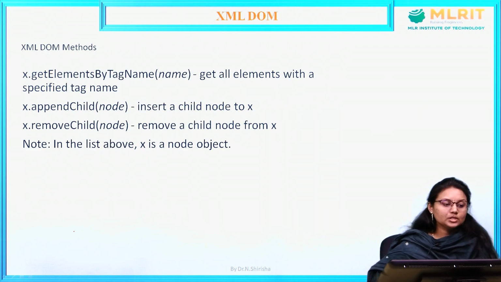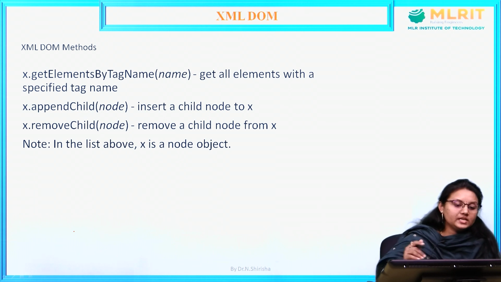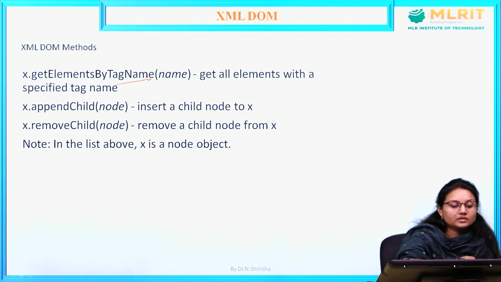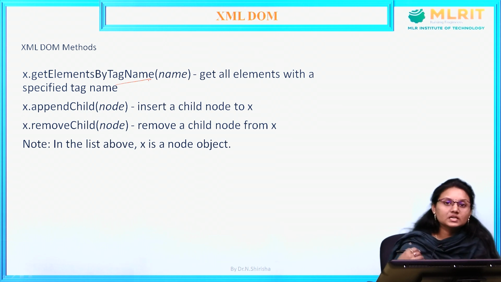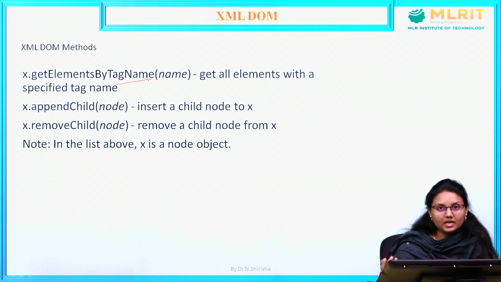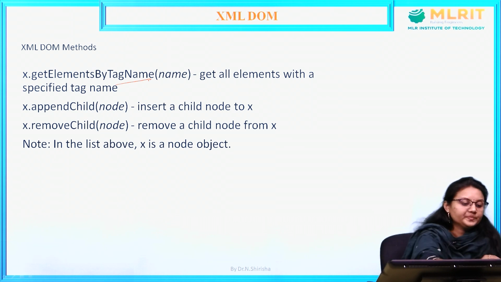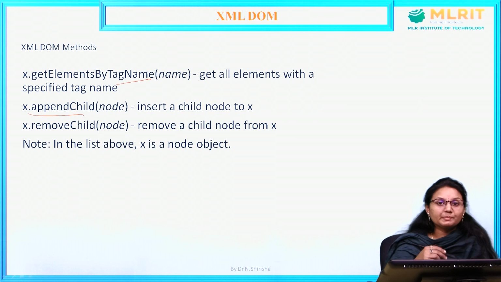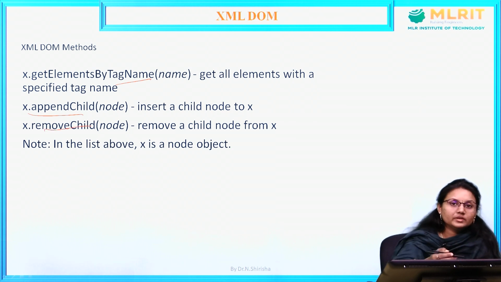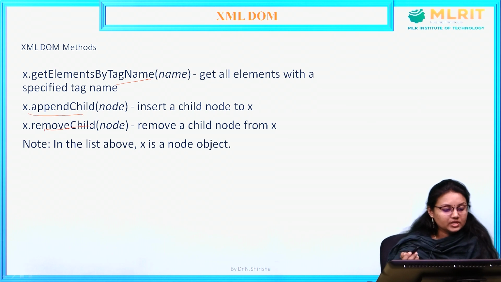Then, XML DOM methods. What are the various methods you have for DOM? So get element by tag name, we have seen the example, how it is going to work. Similarly, if you want to insert a child node to any element, any of the tags, then you use append child. Appending is nothing but adding. Similarly, remove is to delete, okay, remove the child node.